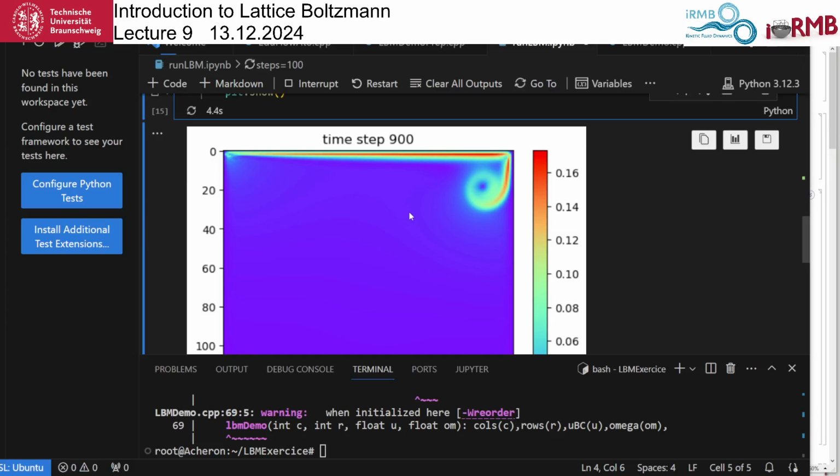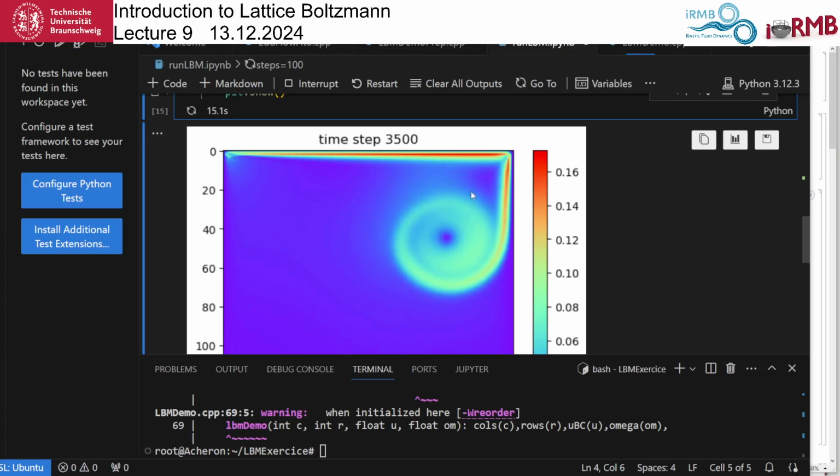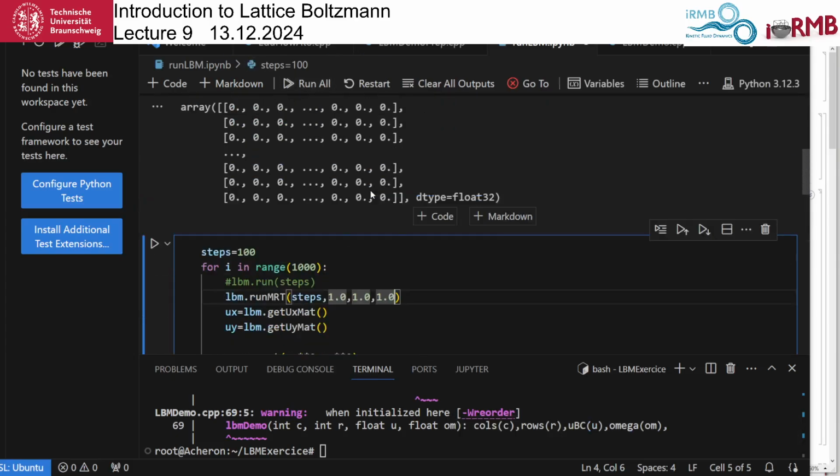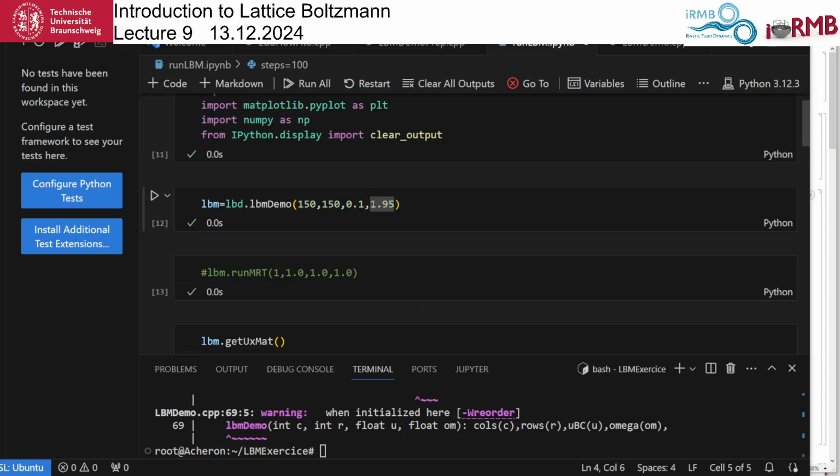If you remember there was some fuzziness here, this fuzziness appears to have disappeared. Looks better. So what did we actually want to do? We wanted to increase this thing here.